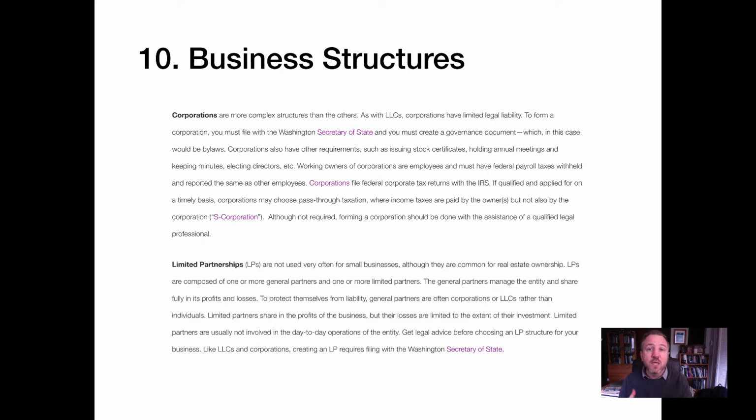It was formed when somebody took in a lot of silent partners as investors. You'll see this a lot with restaurants, where you get a large group of people to pool their money, and then the managing partner is the one that actually opens and runs the day-to-day operations of that restaurant. Again, limited partnerships are not used very often because LLCs just offer so much more legal protection for those types of businesses.